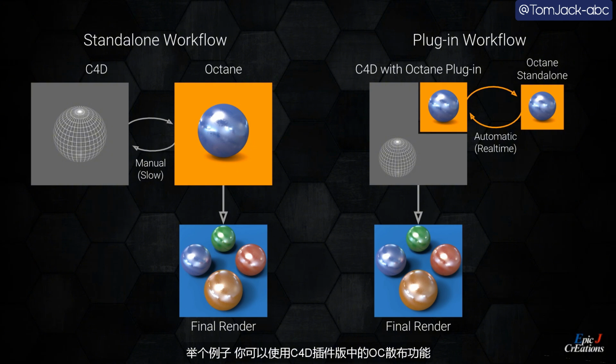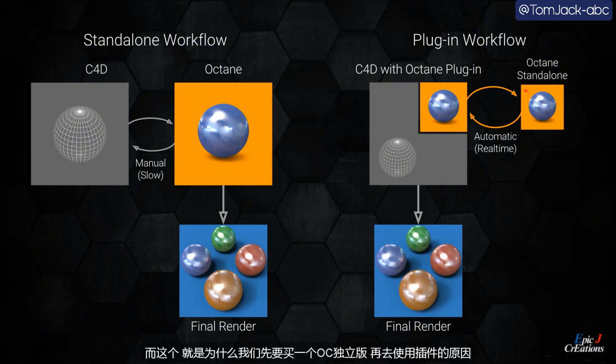For example, you can use Octane Scatter in the Cinema 4D plugin, and you can then use Cinema 4D effectors with Octane Scatter. This can only happen if you have the Cinema 4D plugin of Octane though, because the plugin will convert the Cinema 4D MoGraph effectors and make it compatible with Octane Scatter in the standalone application.